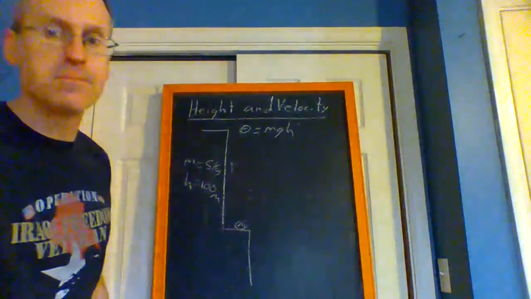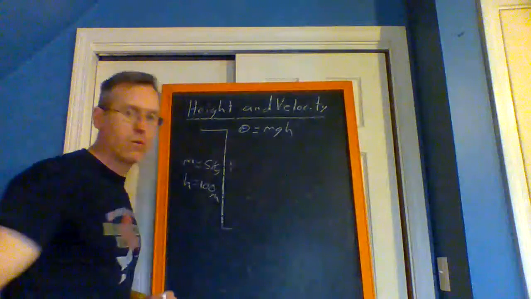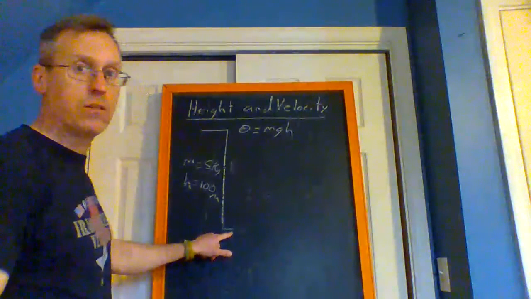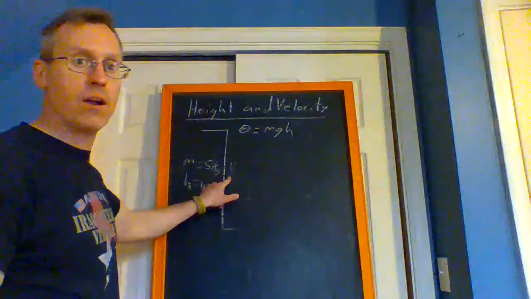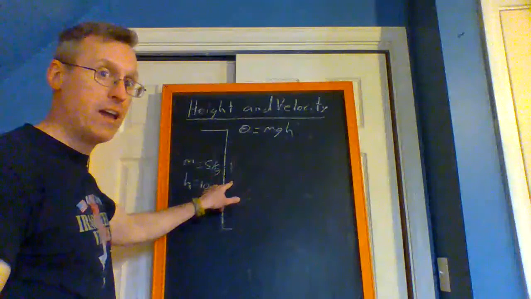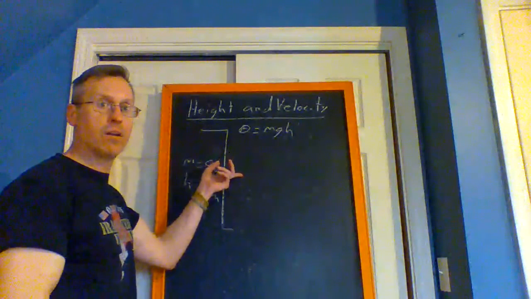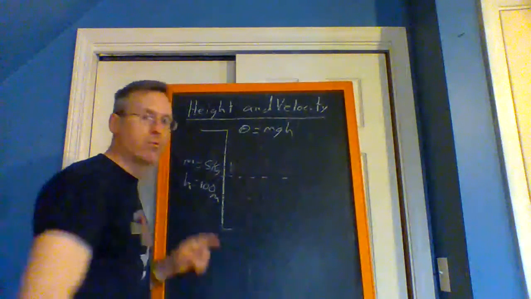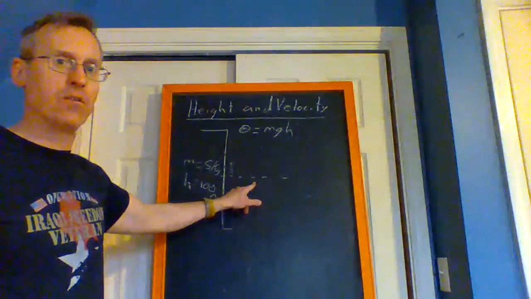So watch what I do. We say the cliff is 100 meters high, and normally we'd say the zero point is on the ground. But if I want to know how fast it's going after it has fallen halfway, what I do is move my zero point higher. I'm going to pretend, it's not really there, but I'm going to pretend that this is the ground.